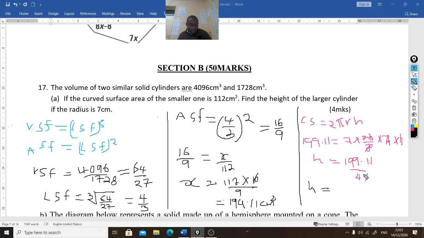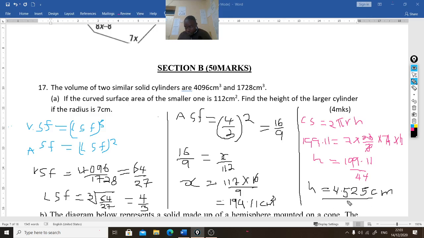If you divide, you get 4.525 centimeters.